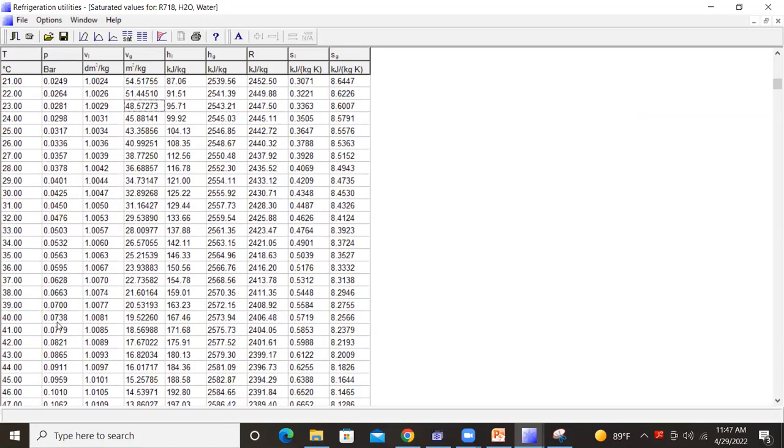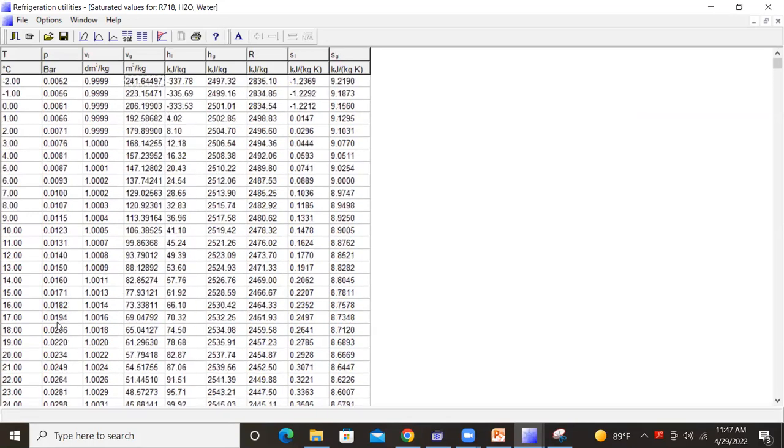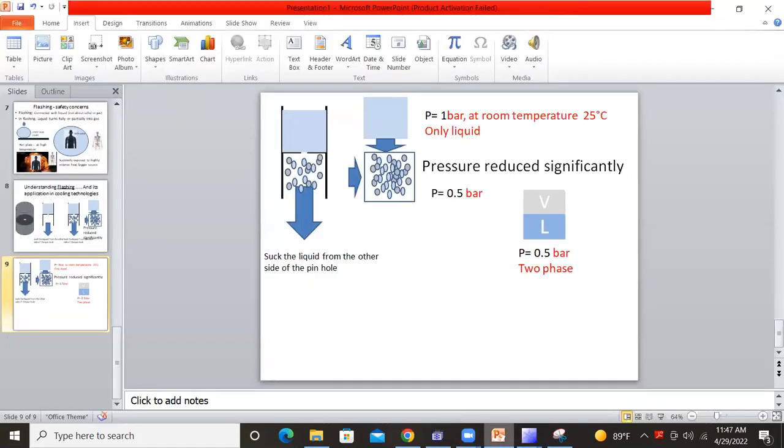So let's say 0.01 bar, two phase. Compared to 1 bar, this is reduced a lot. So what's the temperature now?